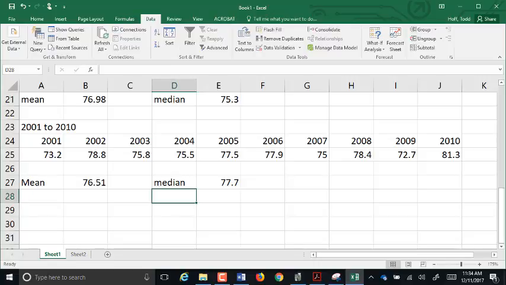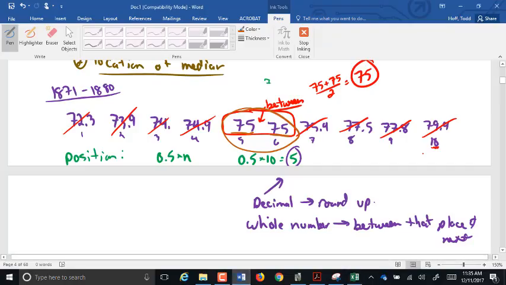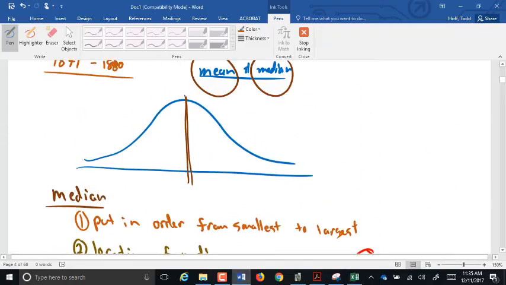Now, one of the reasons why the median and the mean might be so different in the early 2000s is there were a couple of really low points like the 72, and that'll cause the mean to change way more than the median will. So that's mean and median. Those are some measures of center on this distribution, that bell curve.